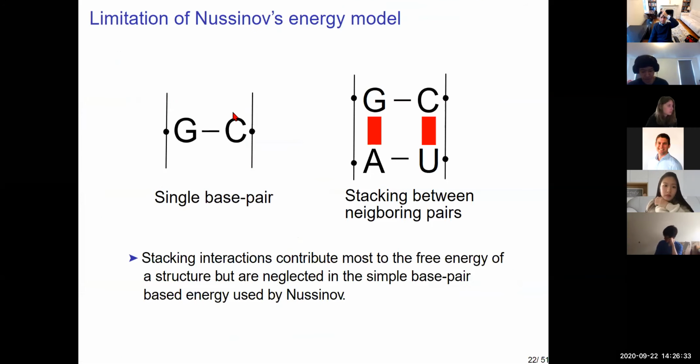All right, so that's the basic Nussinov energy folding with single base pairs. You can also build that with stacking between neighboring base pairs, because the stacking interactions between consecutive base pairs are one of the most free energy capturing interactions.